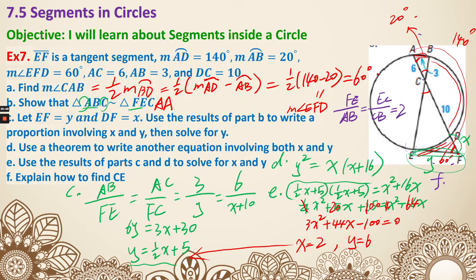So I can just call this 2x. The other one is x. And we're going to have 2x times x, because that's the chord. It's the same as 6 times 10. After solving, my x is going to be 2 square root of 30. And that's part F. That is everything for 7.5.